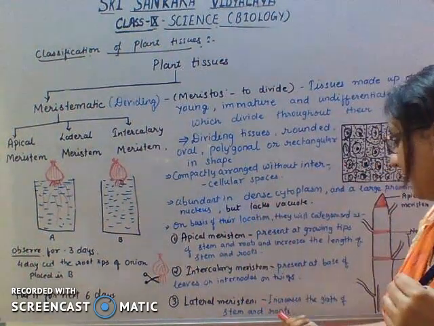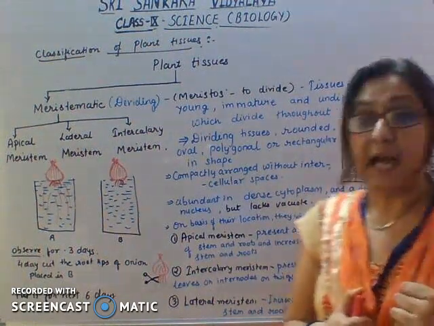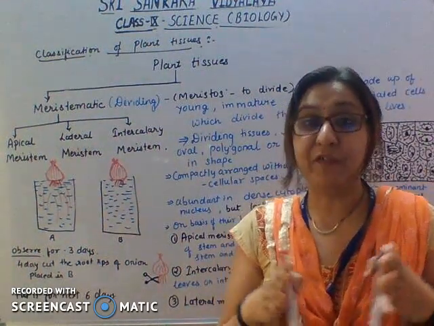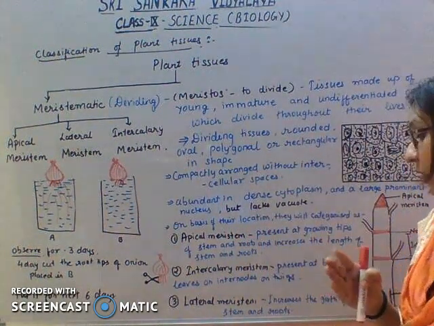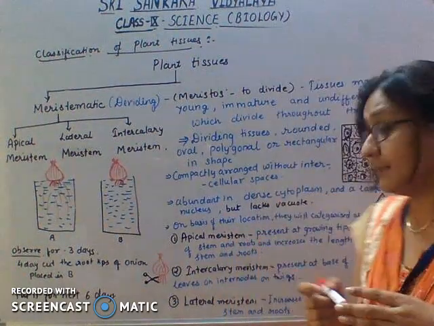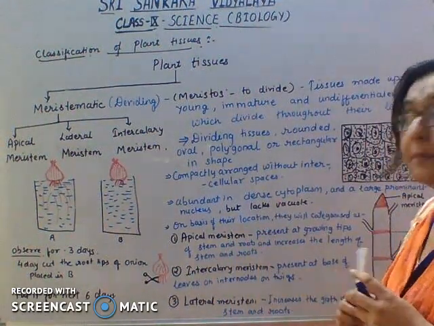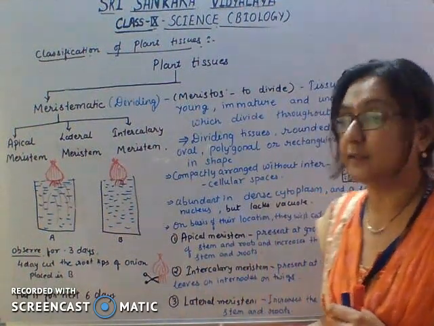So the lateral meristem increases the width, or girth, of the stems and roots, and is responsible for the development of this.